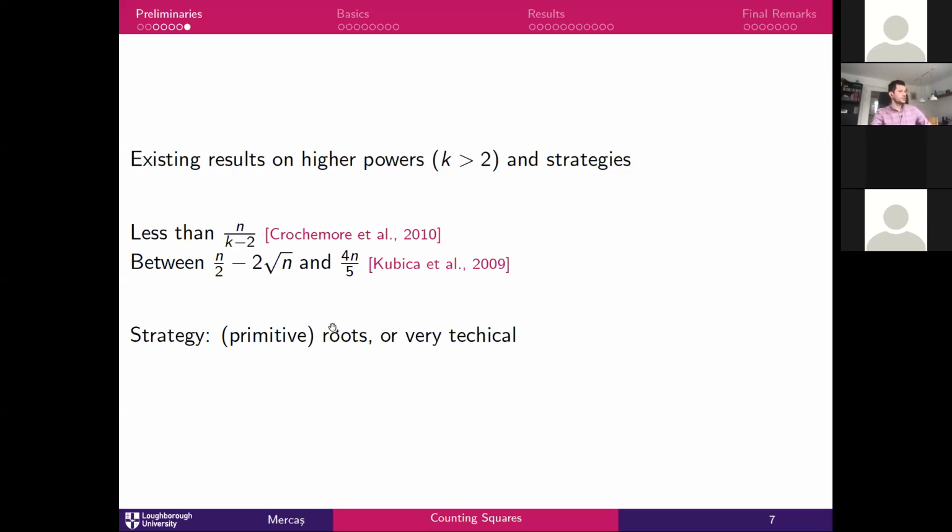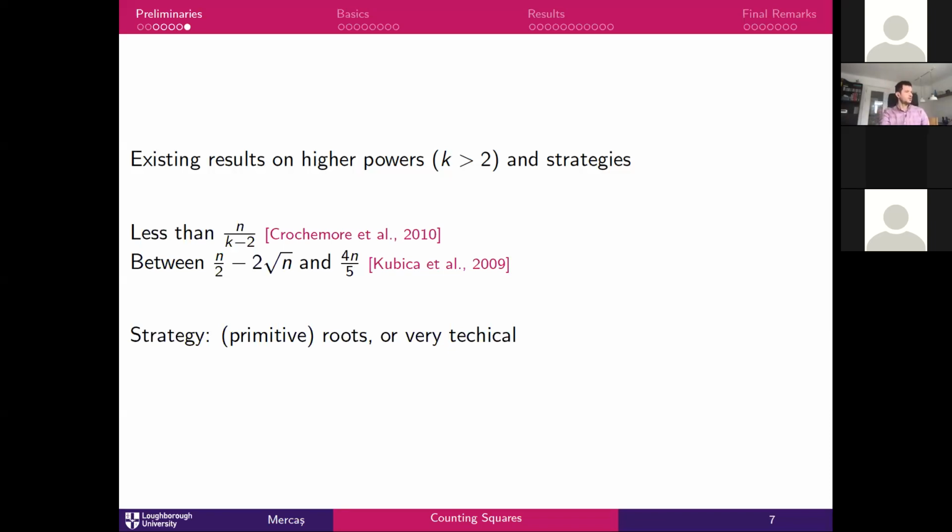The strategy for the second paper is quite technical, but for the first it is rather easy. What they did is look for every cube at the root of the cube and try to show that you can't have two roots starting at the same position. And here they were looking at the primitive roots. So that was really nice. You can think also of Lyndon roots, for example.